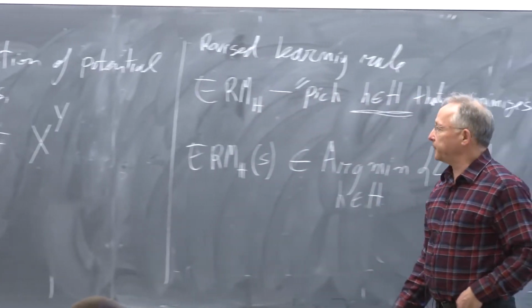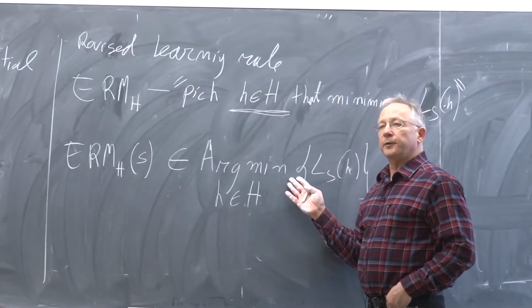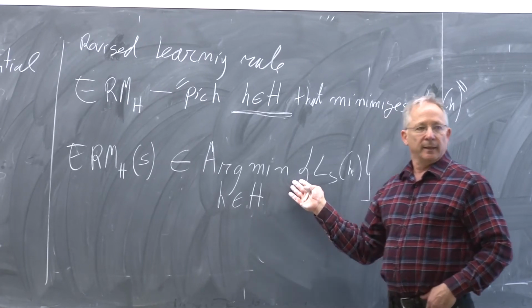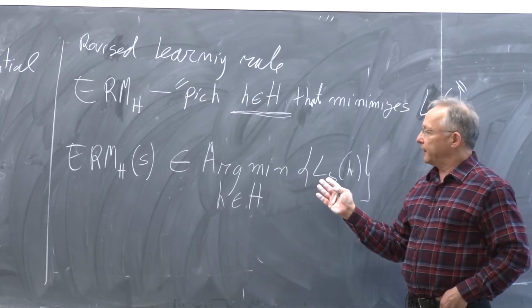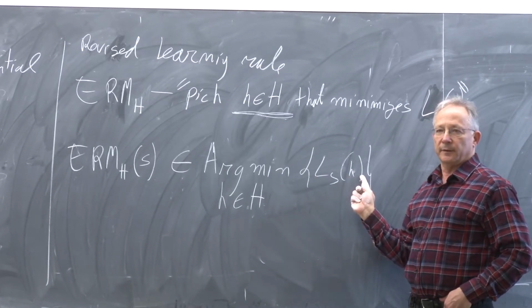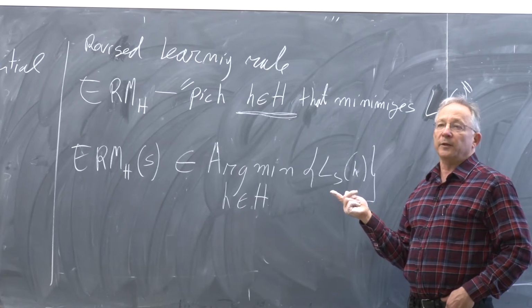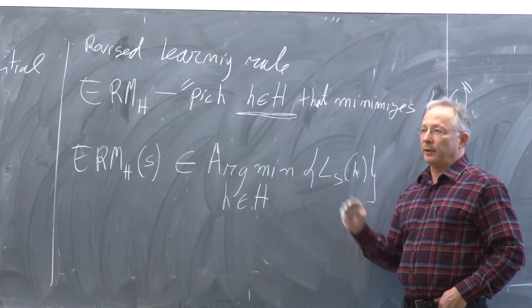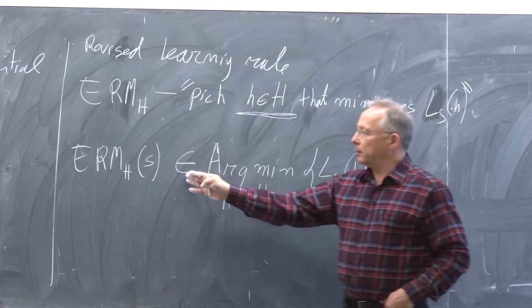So that's one thing I wanted to explain. The other thing I want to explain is this. I don't know how many of you have seen this argmin. Argmin notation means it is a member of the set of all h's that minimizes this quantity. There may be more than one h that minimizes this quantity. What I'm saying here, I'm picking one of them. So I belong to this set.